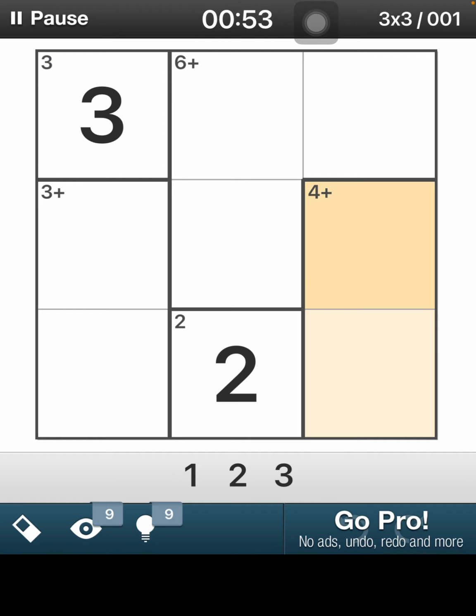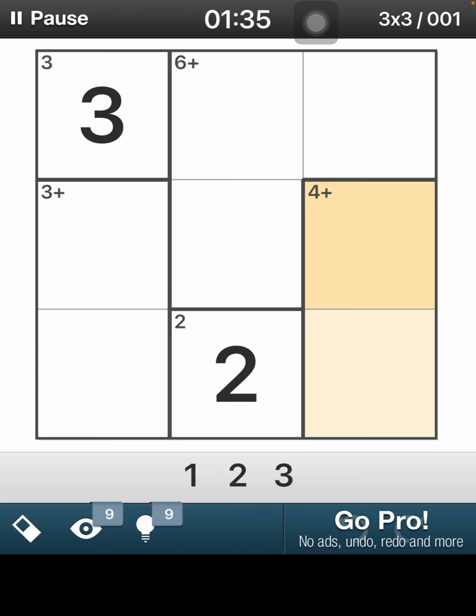And the only two ways to get 4 by addition with the numbers I have, which are 1, 2, and 3, are either 1 and 3 or 2 and 2. If you know Sudoku, that's what this game is based on.